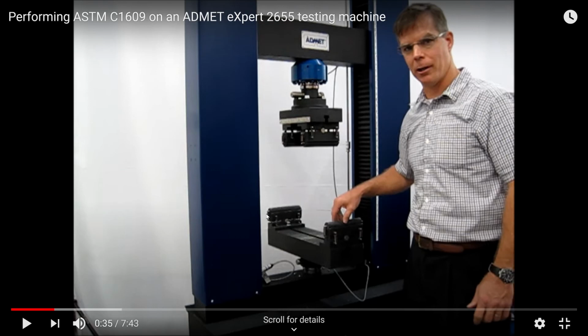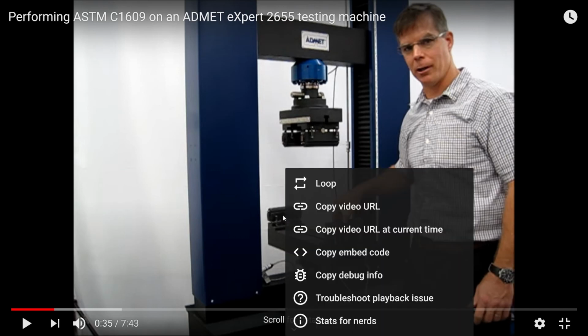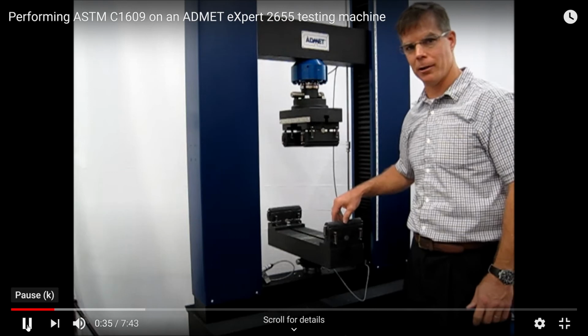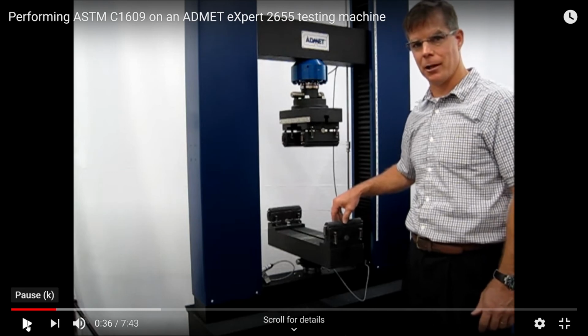You can see you have the two supports here and here, and this is actually your load cell connected to these two loading noses, yeah, two loading noses, and we are going to perform the bending test.